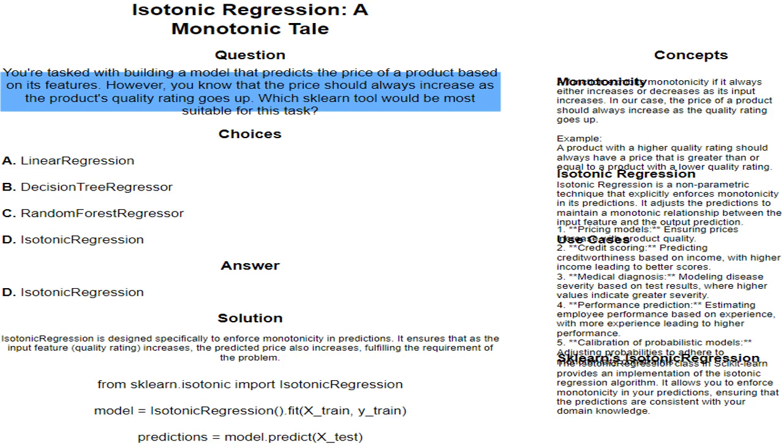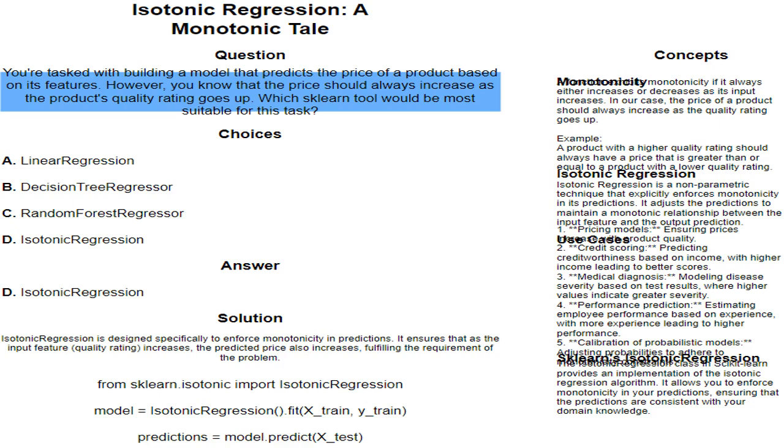It could produce splits where higher quality ratings lead to lower prices, contradicting the requirement. B. Decision tree regressor. Random forest regressor, being an ensemble of decision trees, inherits the same potential issue as decision tree regressor. It doesn't intrinsically enforce monotonicity, so its predictions might not adhere to the desired trend.